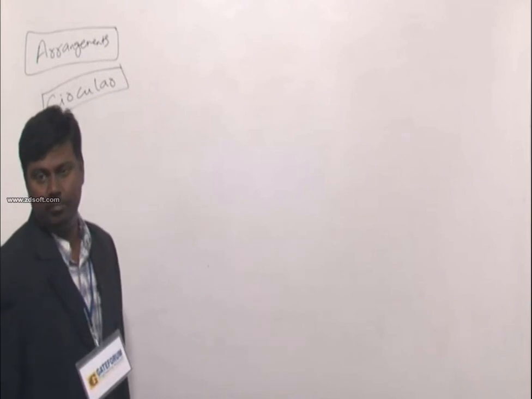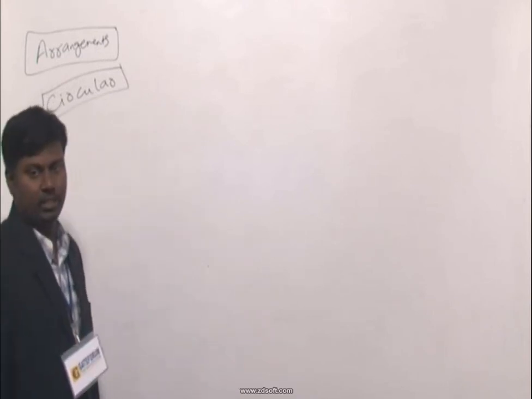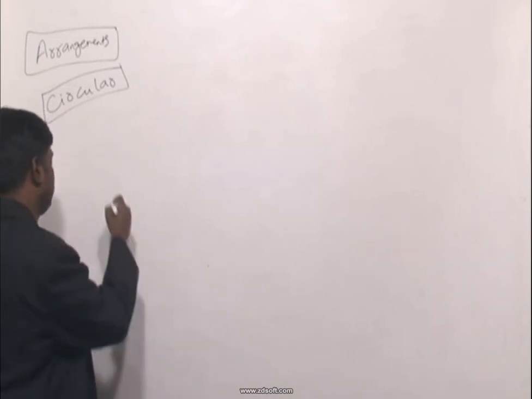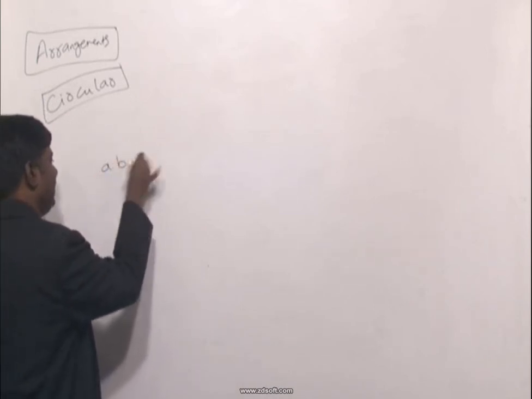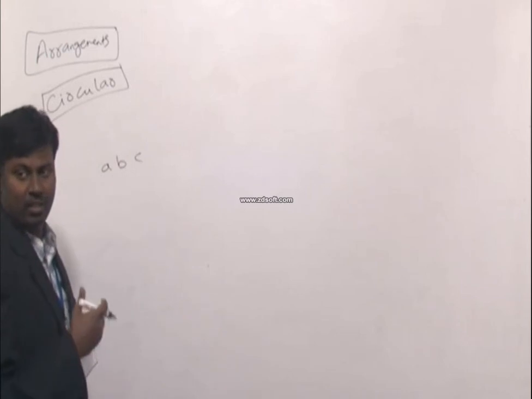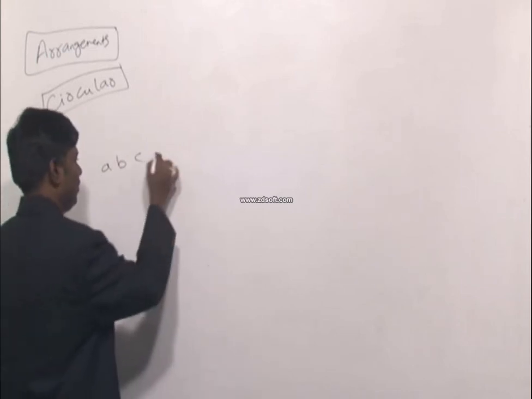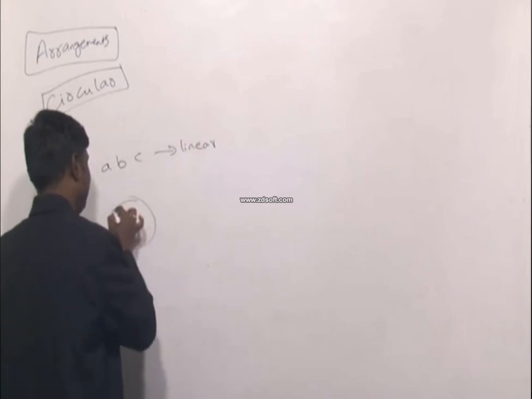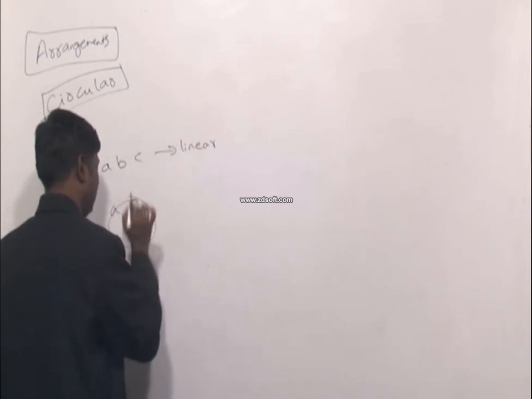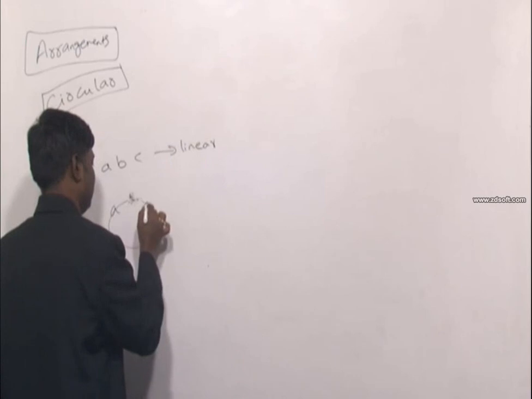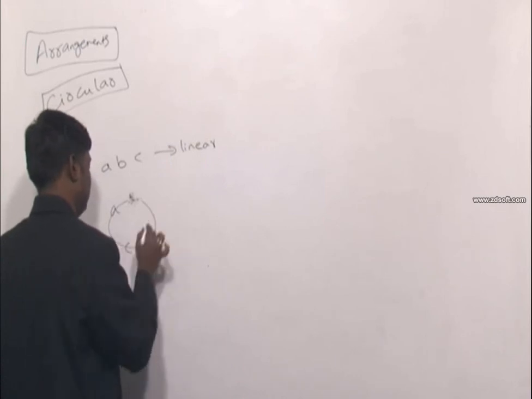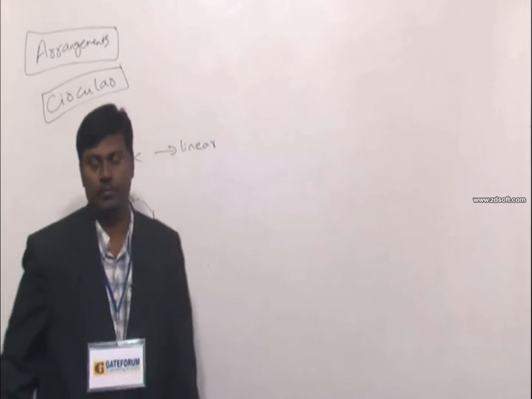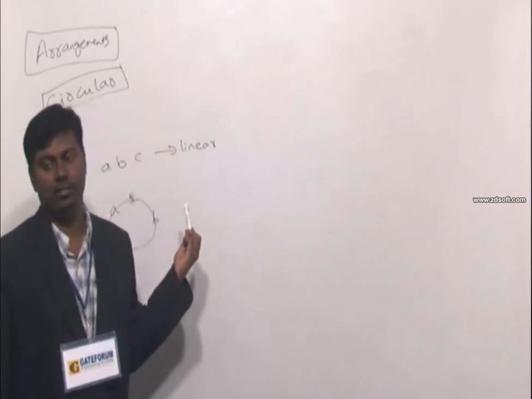By the way, before proceeding, let us consider the subtle difference: A, B, C if they are linear, and A, B, C if they are circular. Let us take a break. After the break, we will be discussing this.